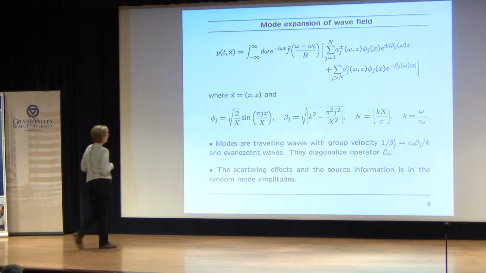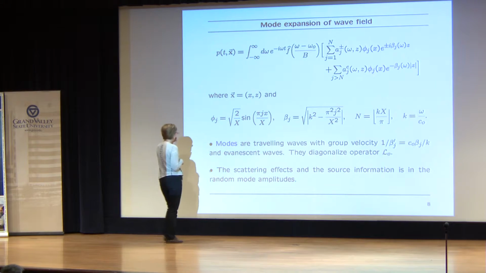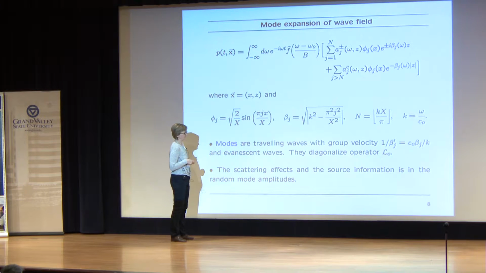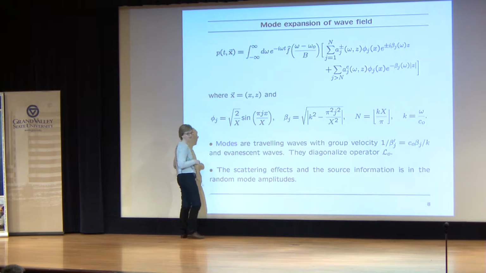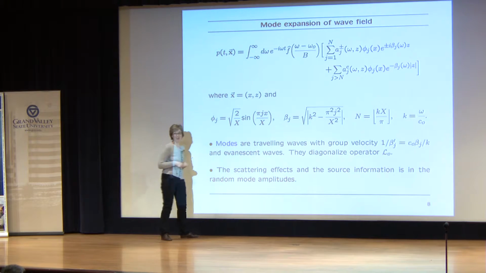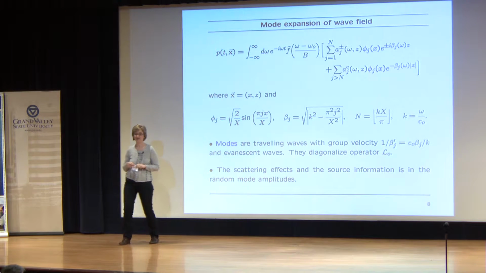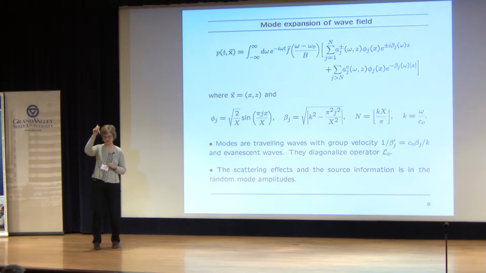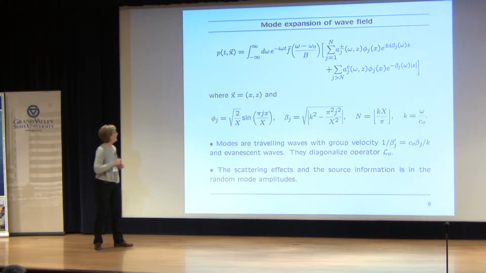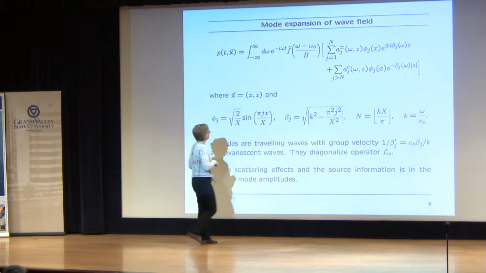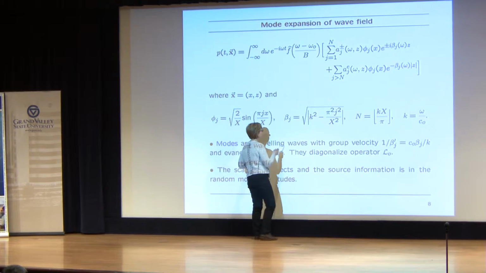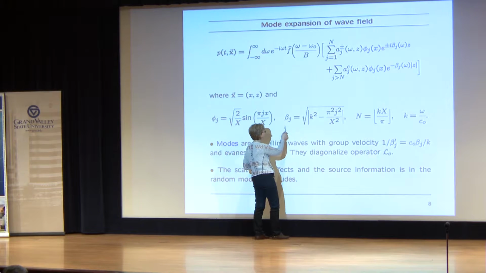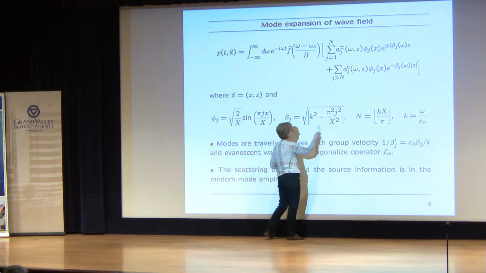So what are the modes? The modes are traveling waves and evanescent waves. They are determined by these functions phi, which are the eigenfunctions of the differential operator in the cross-range direction. They are traveling waves with wave number beta j, which are defined here in terms of the depth of the waveguide.